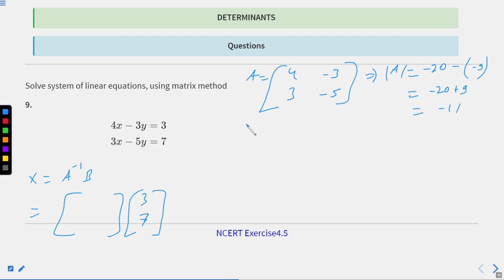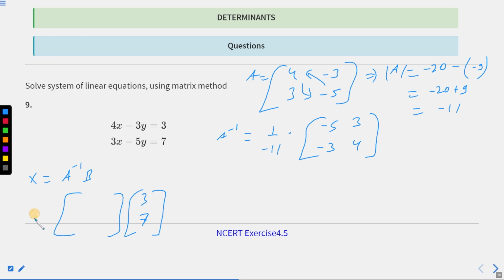So this means A inverse will be 1 by the determinant of A, which is minus 11, multiplied with the adjoint of A. The adjoint I can directly find: interchange these positions, minus 5 here, 4 here. Now put a minus sign on the remaining entries.